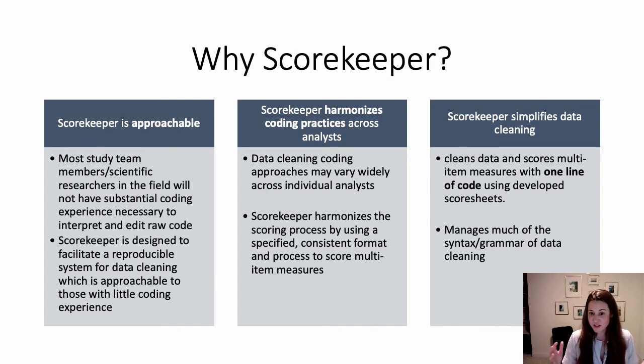Once you have your score sheet built, and I'm going to talk about what that is in the upcoming parts, it will clean your data and score your multi-item measures with one line of code using your developed score sheets.